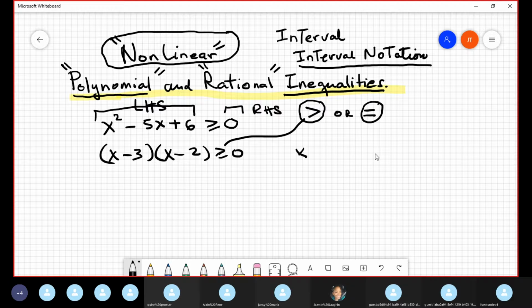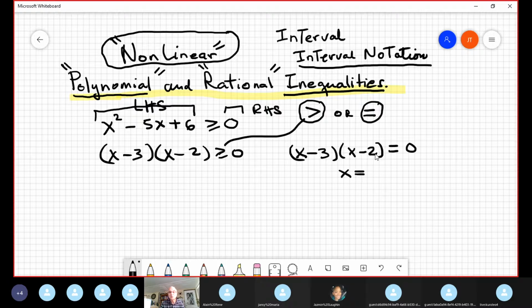Now, suppose I solve the equation, which is easy. Temporarily, I ignore the greater-than sign, and I focus on the equal sign. It's obvious that x equals 3 and x equals 2. For sure, these are solutions for our problem in the equal part.